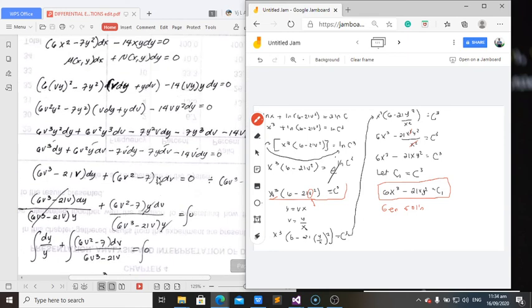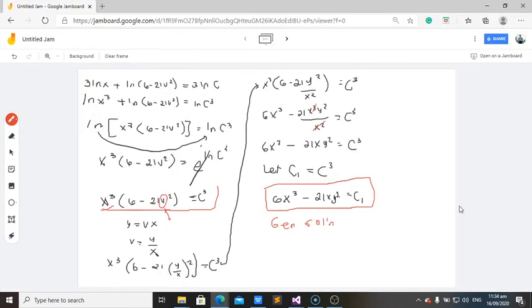Again guys, in homogeneous differential equations, this is the most common scenario. You need to be intelligent and wise in choosing whether you use your y or your x.